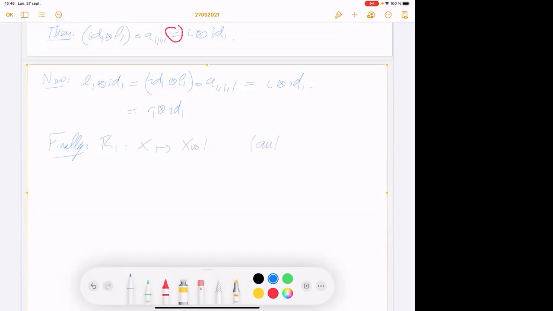So we know that, in fact we proved that an equivalence of categories is a bijection on the morphisms and not on the objects in general.